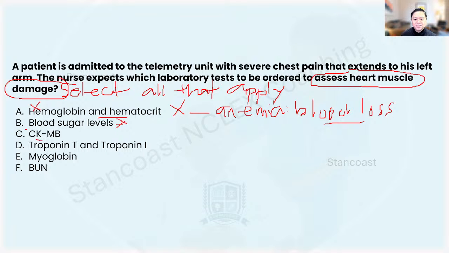All right, so here we go. CKMB is one of those tests that can actually tell us that there is now a damage in the heart muscle, and this is heart specific.